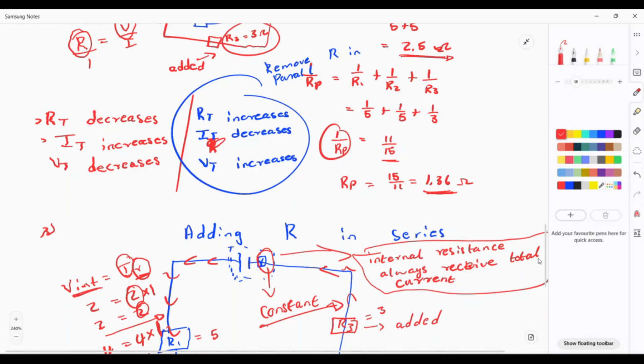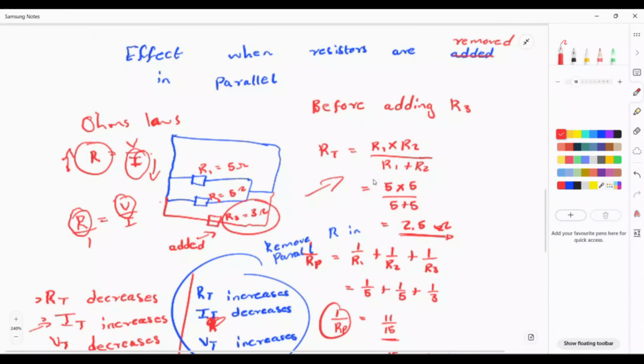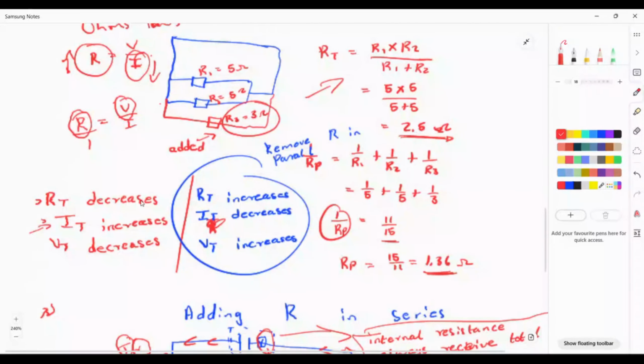Okay, so let's come back here. We said effect when resistors are removed in parallel. When we remove resistors in parallel, is there something? Anyone want to say something?